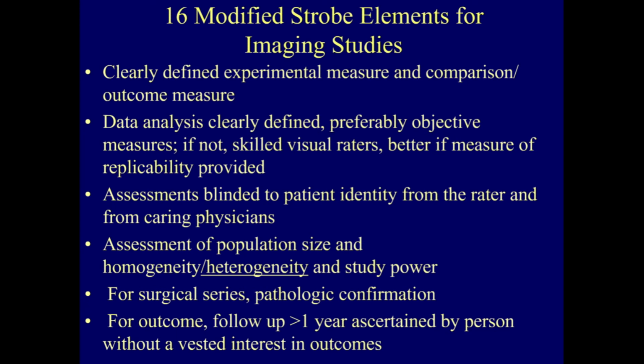There needs to be an assessment of population size and homogeneity, or include heterogeneity in this design, and address this in the power to conduct the study. For a surgical series, it is best to have pathologic confirmation. For outcome, follow-up at greater than 1 year is preferred, and that should be ascertained by a person without a vested interest in the outcome.